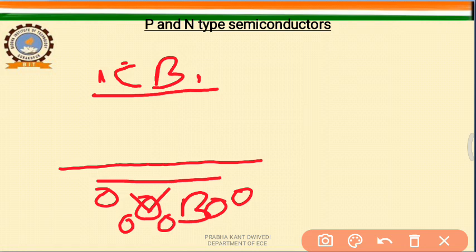And similarly, if we are doping a pure semiconductor with a pentavalent atom like arsenic, then what happens?